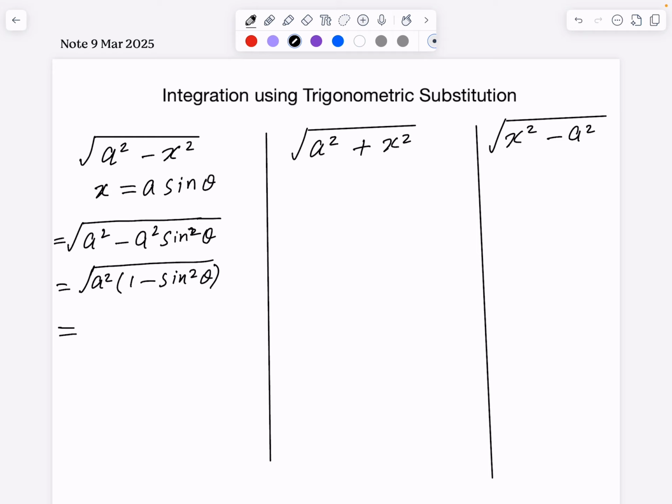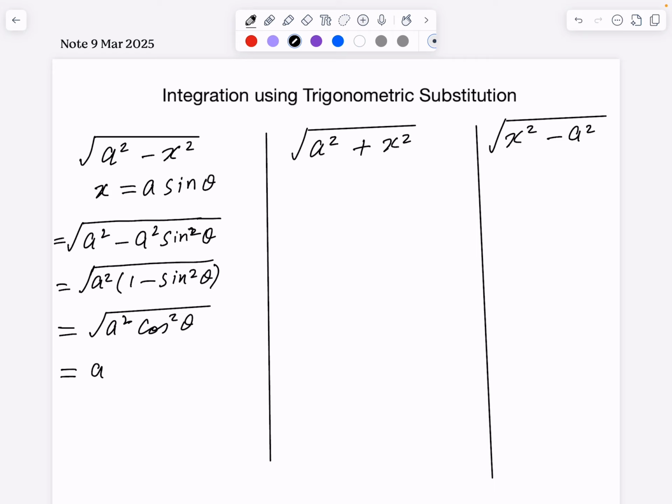and we're going to get a squared cosine squared theta. So this one is just going to be a, where a is a positive number.